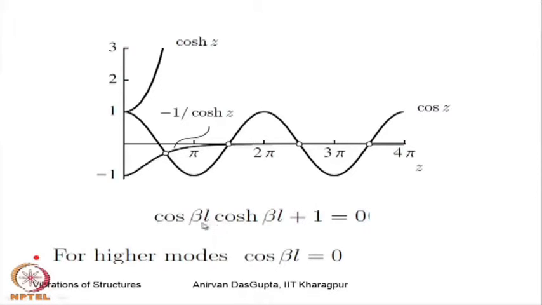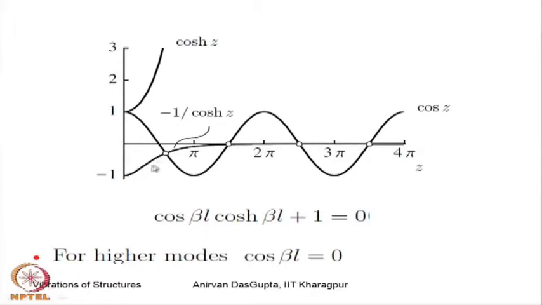We have written this as cos beta L is equal to minus 1 over cos hyperbolic beta L. So, we have plotted cos z and minus 1 over cos hyperbolic z.